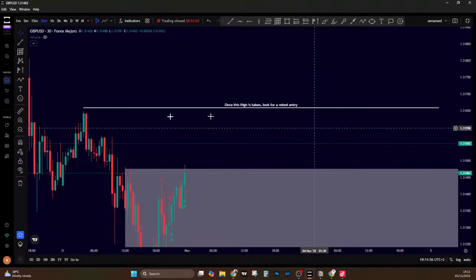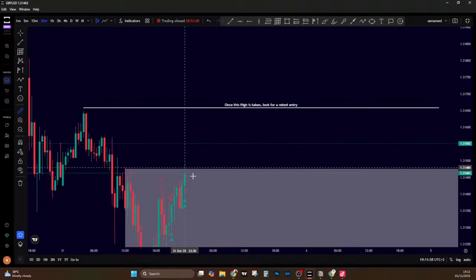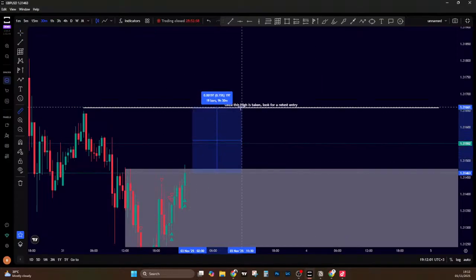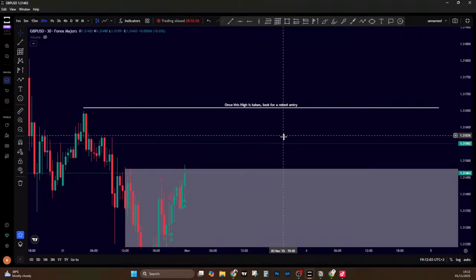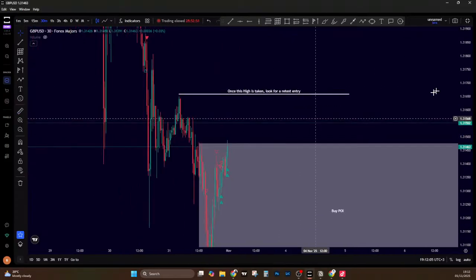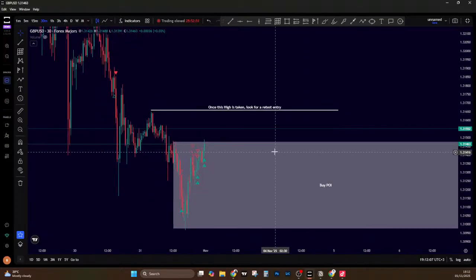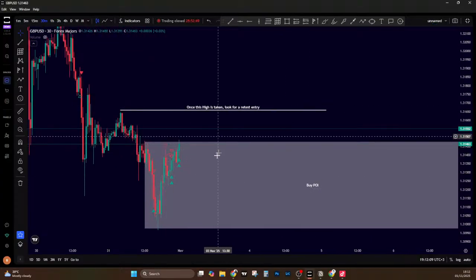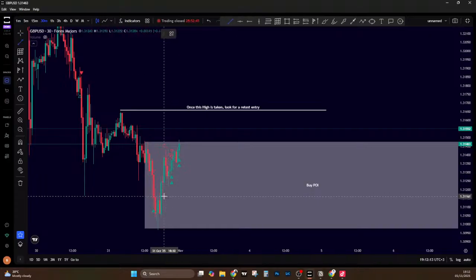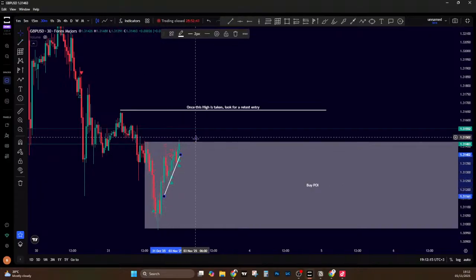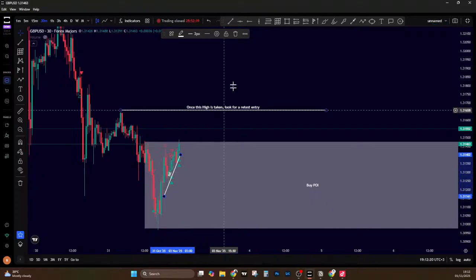That high there. And this is like how many pips? Just 19 pips. So once that high is taken, I will come back here and make sure that all this sell side liquidity has been taken out. All this is sell side liquidity.